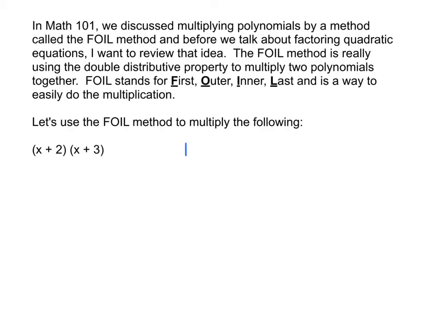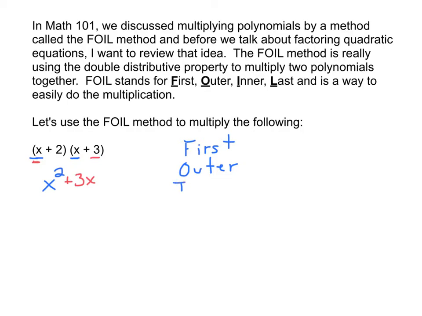With the FOIL method, I want to multiply the first two terms together. So I'm going to multiply x times x, and I'm going to get x squared. Then I want to multiply the outer terms, the x and the 3, so it's plus 3x.